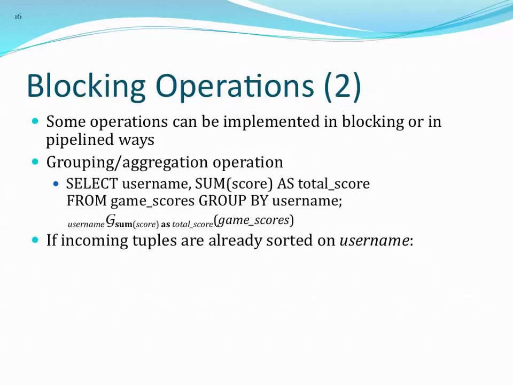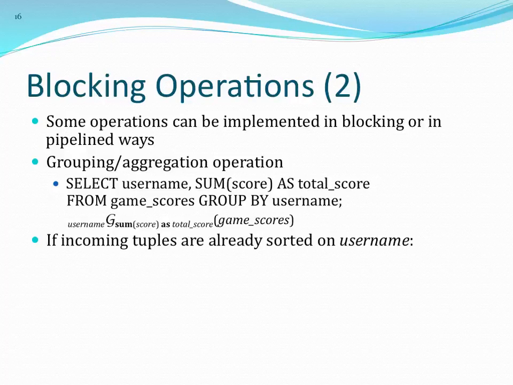So if the incoming tuples are already sorted on the username, this is why it's a little bit backwards and confusing. If the incoming tuples are already sorted, is the grouping and aggregation going to be a blocking operation? I see a few shaking heads. The answer is no. Because remember, the tuples are ordered by the grouping attribute, username in this case.